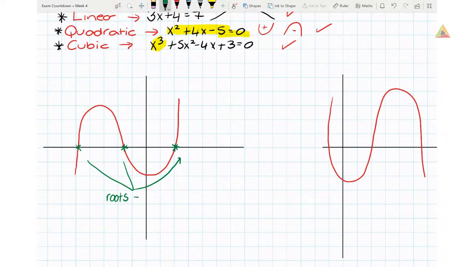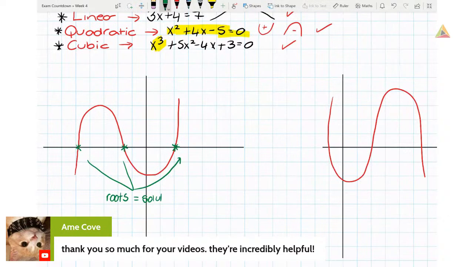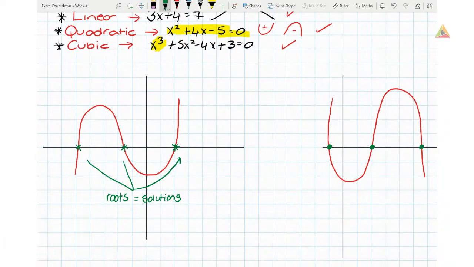Our roots are basically just a fancy name for our solutions. If we were to solve a cubic equation, our solutions would be the x values of where the cubic crosses the x-axis. Similarly over here, we have 1, 2, 3 points where the cubic crosses the x-axis. Those are our solutions, or our roots of the cubic equation.